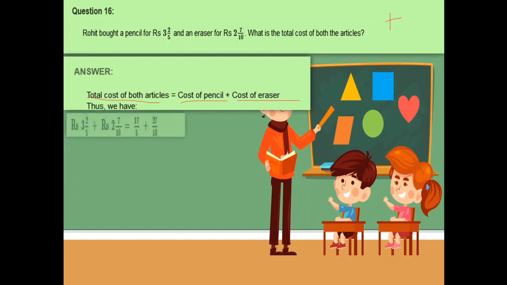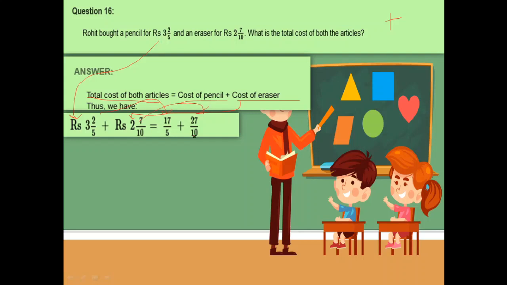So what is the cost of pencil? Cost of pencil is 3 2 by 5 and cost of eraser is 2 7 upon 10. You can write it in statement form, that is also correct. And after that you can solve for the total cost of both articles.